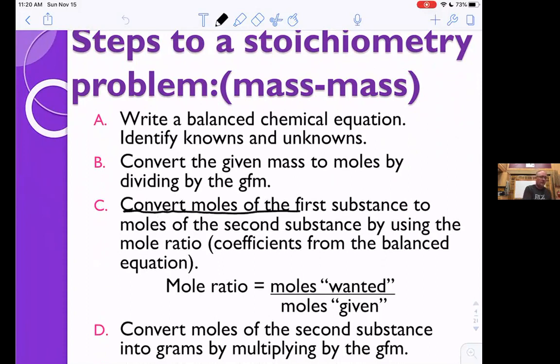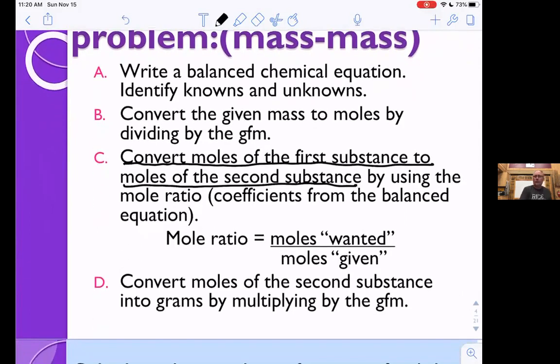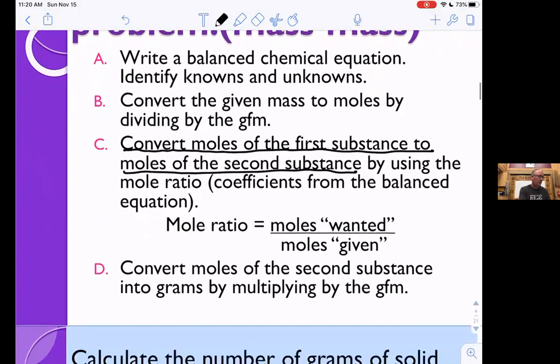You're going to convert your moles of your first substance to moles of the second substance by using that mole ratio. And then you are going to convert the moles to whatever substance it is that you're looking for. If it were a mass problem like we're going to do first, you would change from grams to grams or kilograms to kilograms by going through that mole ratio. You are free to use your mole roadmap while you're practicing these, but again, that won't be something that's on your exam, not the mole roadmap.